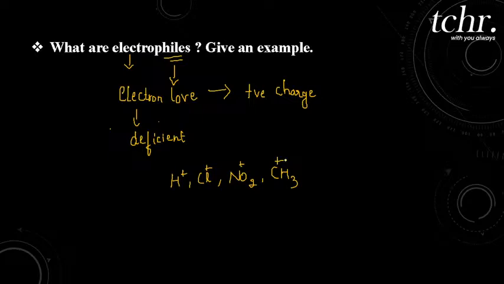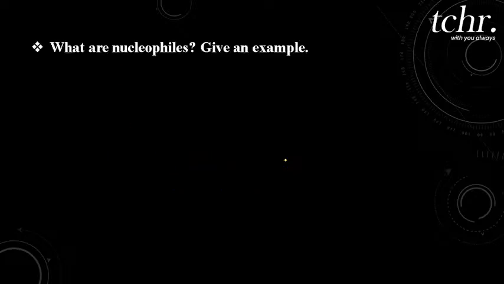Or in a simple way, if any compound is given, how do you identify it as an electrophile? It is carrying a positive charge on it, so it is an electrophile. It is deficient of electrons, therefore if any electron comes nearby, it will try to grab it. Is that clear?